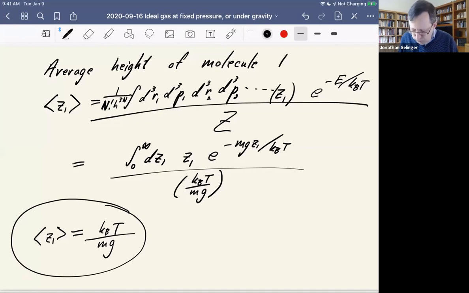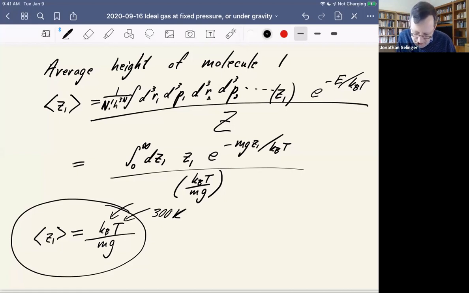So this is a number that we can calculate, right? And so for our simple model of the atmosphere, I could substitute in Boltzmann's constant. I could substitute in the temperature of 300 Kelvin.